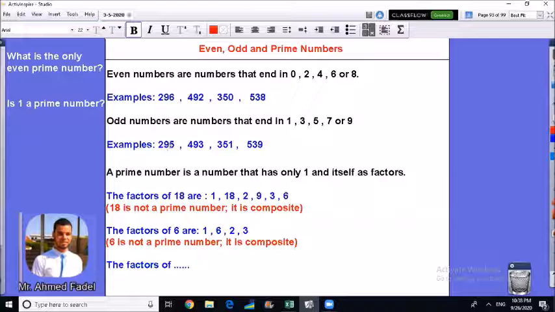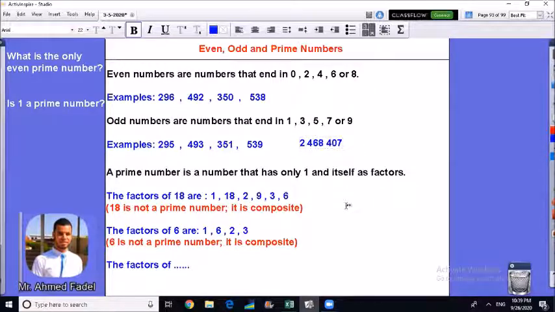Here, ends with 5, it's an odd number. Ends with 3, it's an odd number. Ends with 1, it's an odd number. Ends with 9, it is an odd number. Even if I write a number like this, look at this, 2,468,000,407.